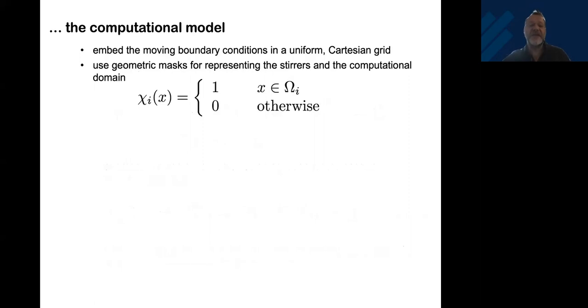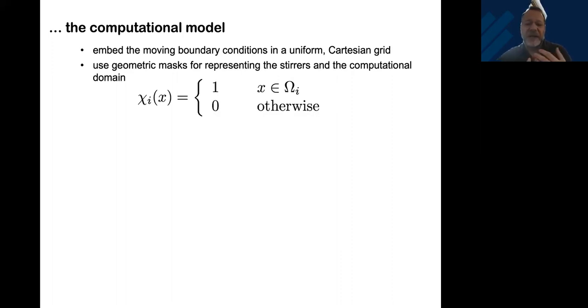All right, the computational model is a masking model. This one is known under Brinkman embedding or Brinkman penalization. So we embed the moving boundary conditions in a uniform Cartesian grid. So we have a Cartesian background grid, and the stirrers move through that grid a little bit like an immersed boundary.